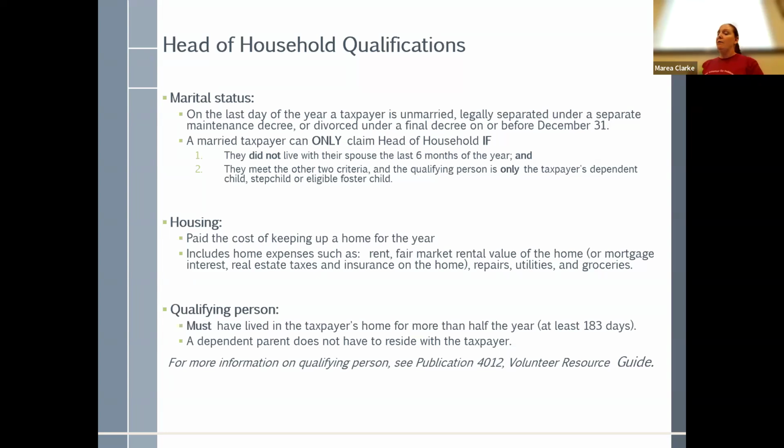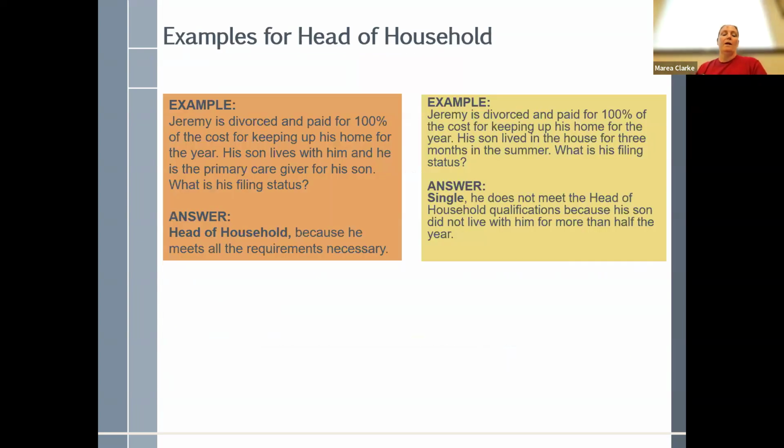However, a dependent parent does not have to reside with the taxpayer. In Publication 4012, there are some good flowcharts about how to determine if somebody qualifies for head of household status. So if you have a question on this, look at those flowcharts and walk through them to see if that person is going to be eligible.